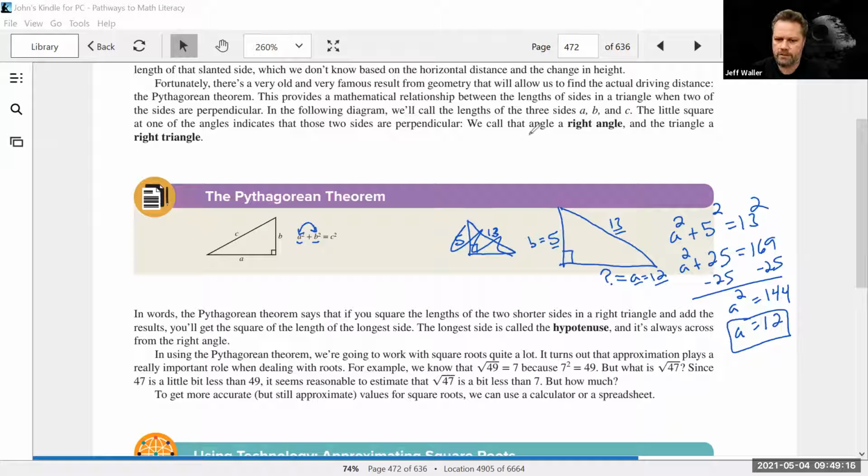Let me see if I can push this a little bit. What if I had a triangle that was 10 and 24? Can somebody figure out what this is without doing barely any work? You shouldn't have to set up the Pythagorean theorem.